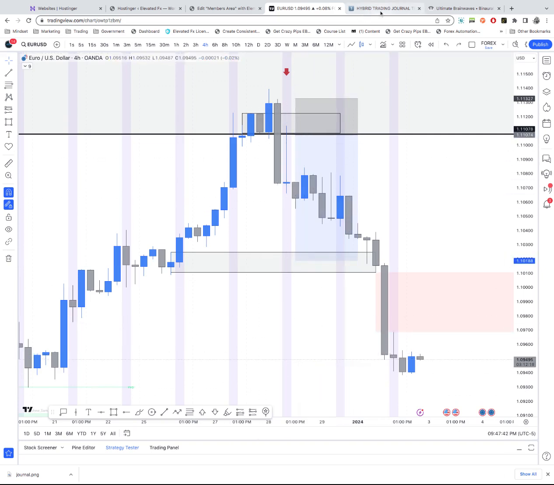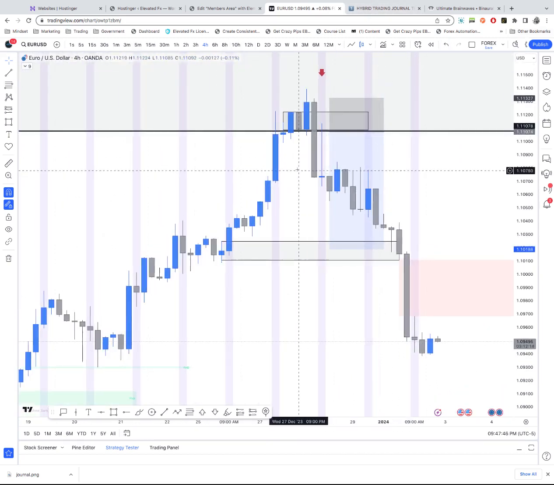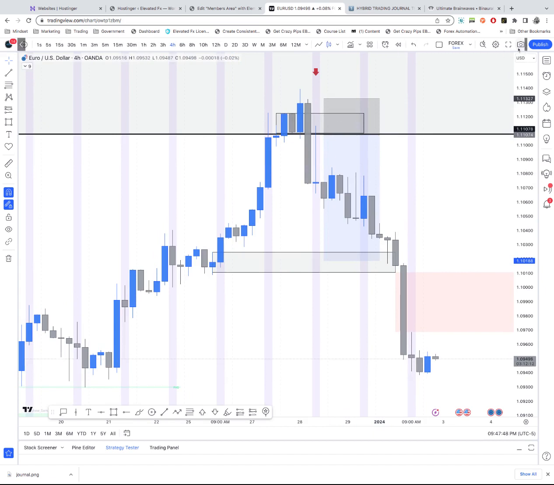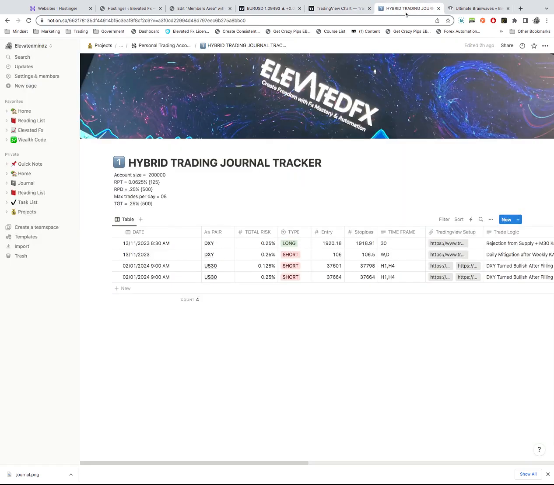So how I would frame this for a journaling process is, I literally would take a picture of this, open it in a new tab, and you're going to be able to do the same thing, right? So we're going to take a picture of this. We're going to copy it. We're going to go to our journal, and we're going to say, all right, so this is EUR/USD, right?